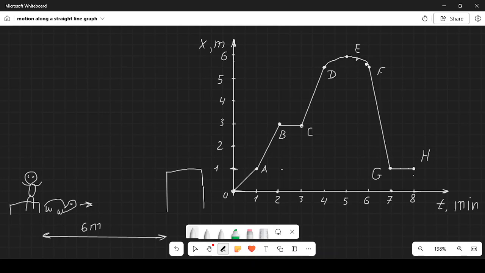And here, in the second part of 6 minutes, the speed of the turtle gets to be a little bit more. And at this point, 6 minutes, what happened? Look at this line, it goes so steeply down.